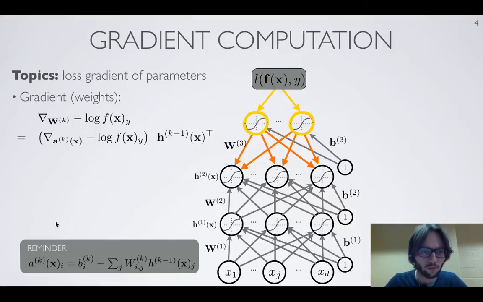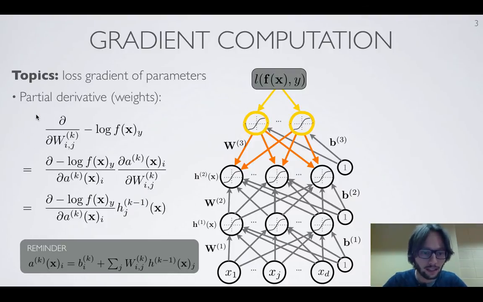Okay, now what if we want the gradient with respect to a matrix? Then, instead of being a vector of partial derivatives, it's going to be a matrix of partial derivatives where the element ij is going to be the partial derivative with respect to W^(k)_ij for the kth hidden layer.